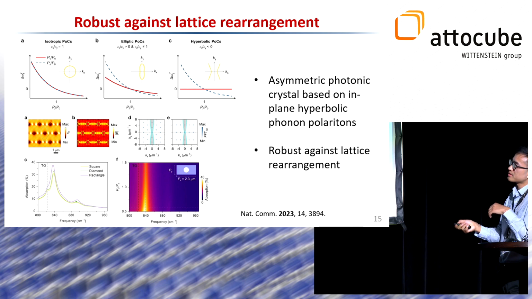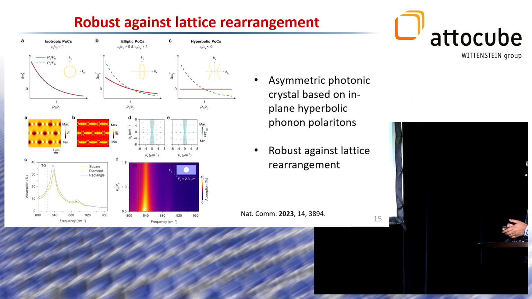And this is a simulation we did. For example, if you are using a square-arranged photonic crystal or a diamond-shaped arranged photonic crystal, the resonance peak did not change. And if you change the period within a range, the resonance peak just remains constant.